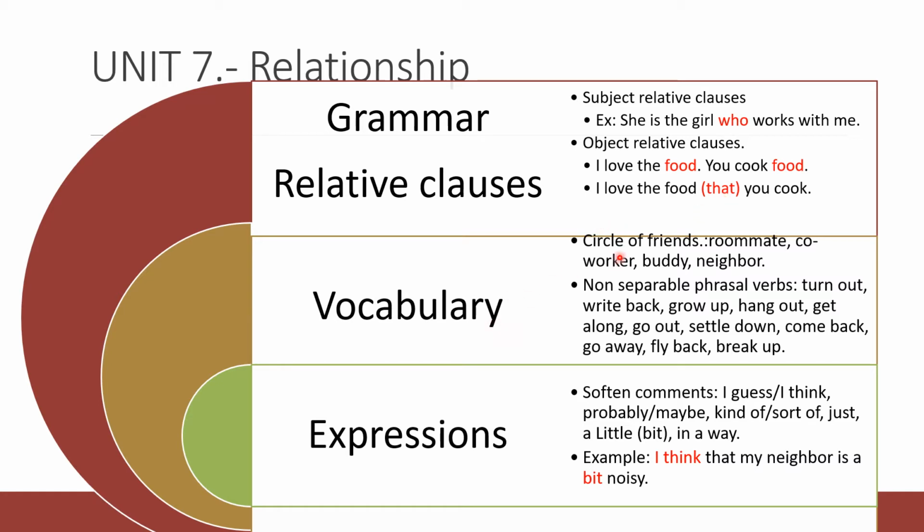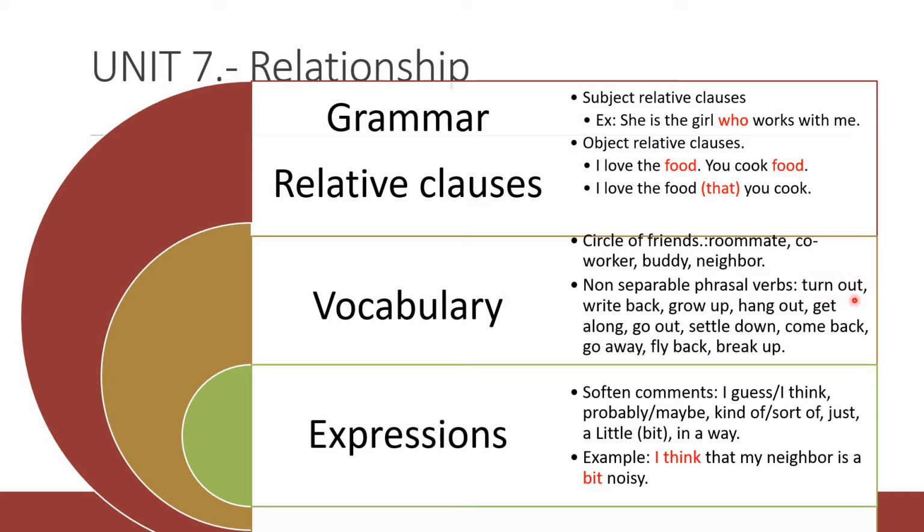Vocabulary. Here we had vocabulary about the circle of friends, like roommate, coworker, buddy, neighbor, and also the non-separable phrasal verbs. Remember that a phrasal verb is a verb plus a particle, and the particle changes the meaning of the verb.